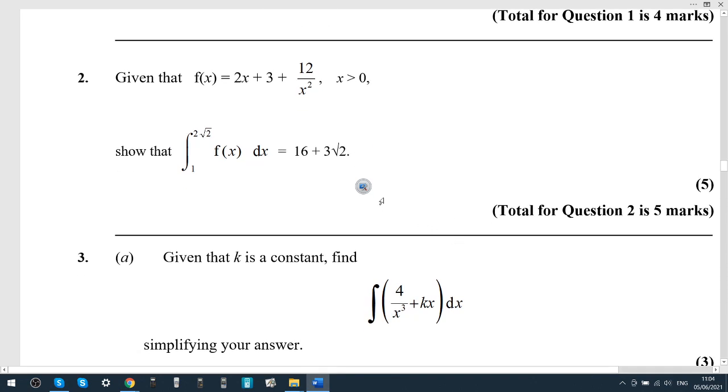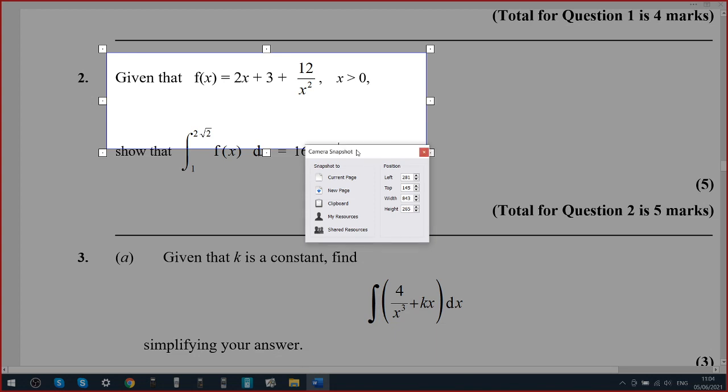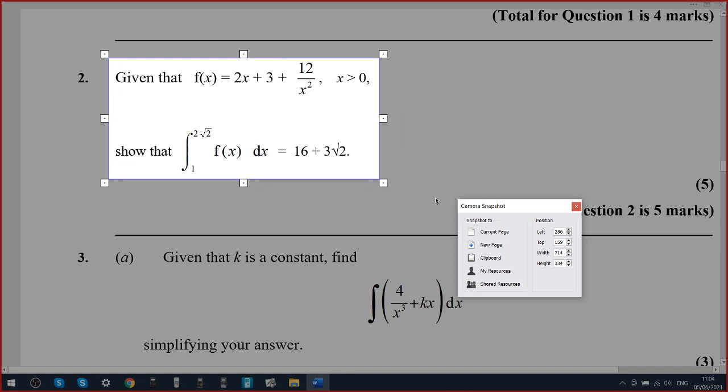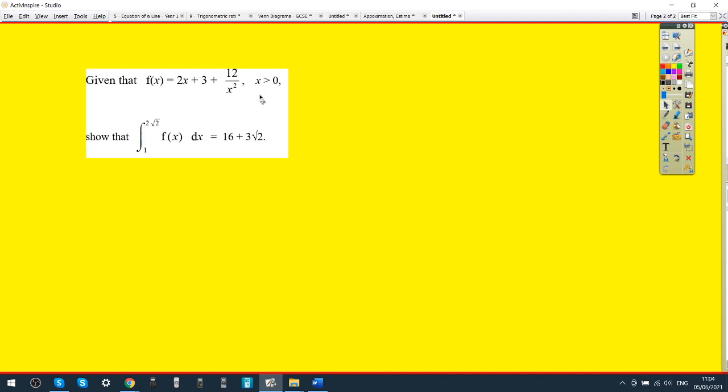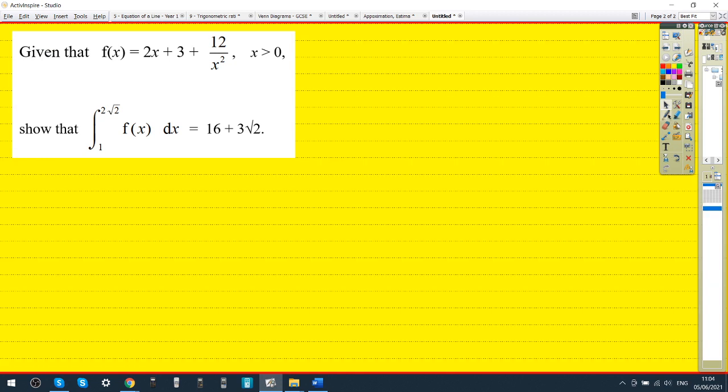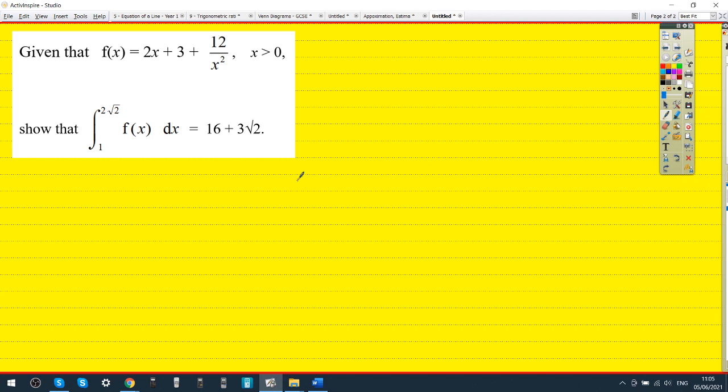Okay. How do we do question 2? So it wants the integration of the top one, but it has to be within 2√2 and 1.